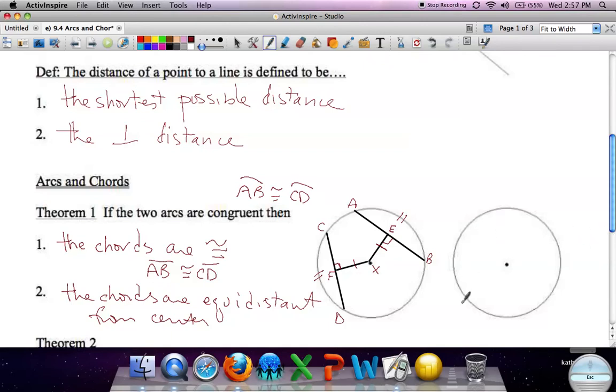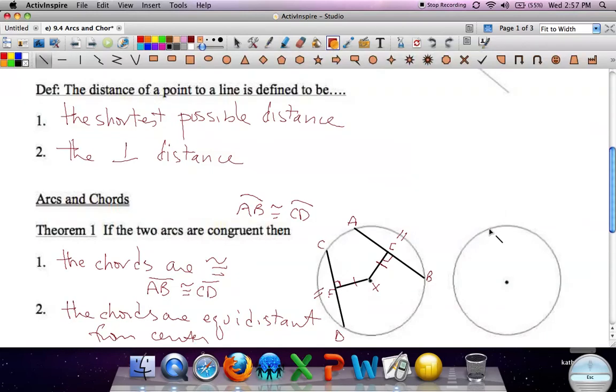In this diagram over here, let's just use this blank diagram to draw a chord that's not the same length as another chord. So if I draw this chord here and I draw this chord here, it's clear that the arc created by this chord is going to be much smaller than the arc created by this chord over here.